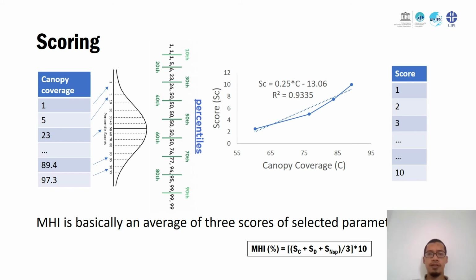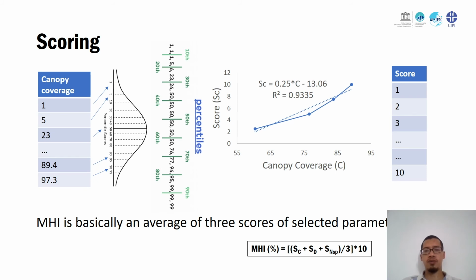For example, first percentile corresponds with score 1, second percentile corresponds with score 2, third percentile corresponds to 3, and so on.